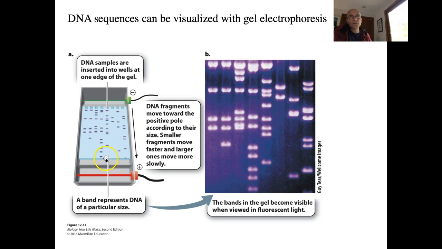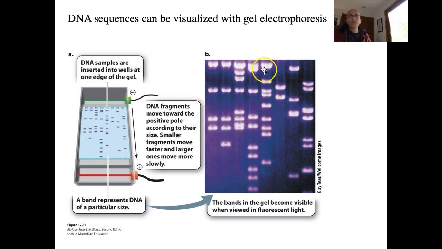That runs fastest through the gel towards the positive electrode, because the DNA is negatively charged. So that is what's pulling the DNA through the gel. There's a liquid in here, a buffer, that will transmit the electricity through the gel to the DNA pieces. And so this setup is what you see over here.